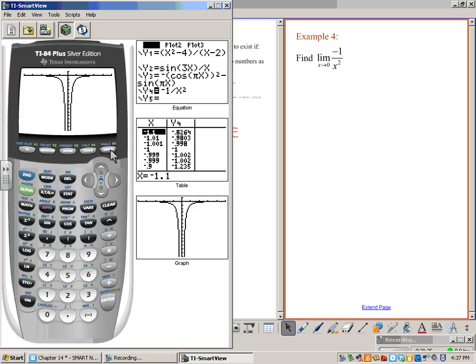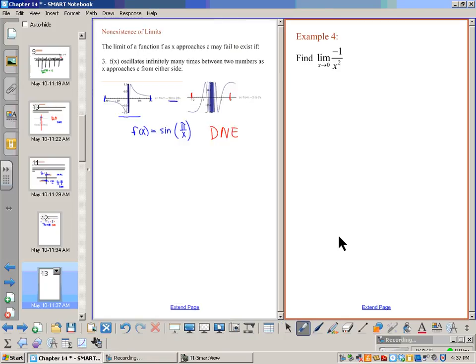This time, instead of f of x becoming infinitely large, it's becoming infinitely small as x approaches 0. So this would be an example of the limit does not exist because as x is approaching 0, f of x is becoming infinitely small.